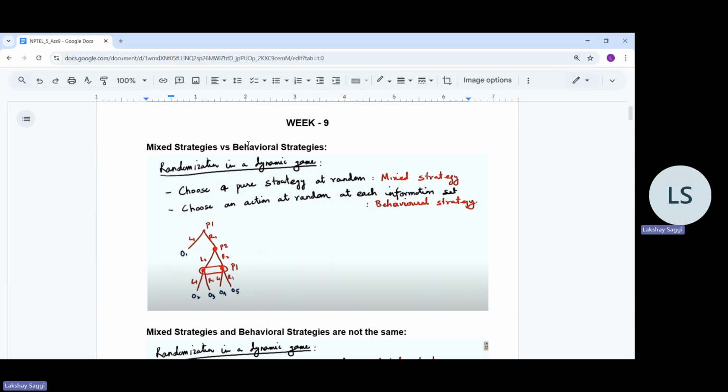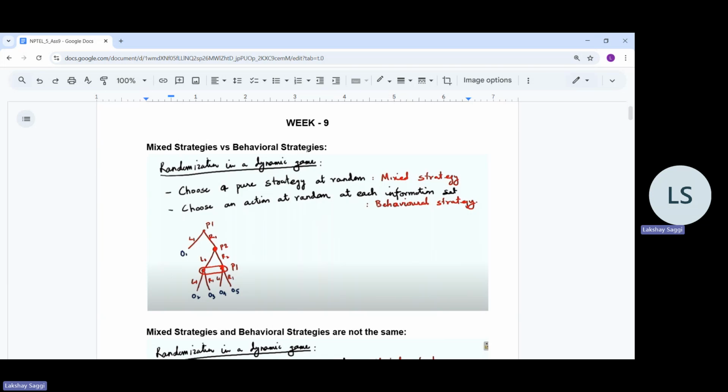Till previous week, what we discussed was what are pure strategies in an extensive form game, and we also discussed what kind of equilibriums are present in extensive form games, like multi-stage feedback games, threat equilibriums, and a lot of things were covered.